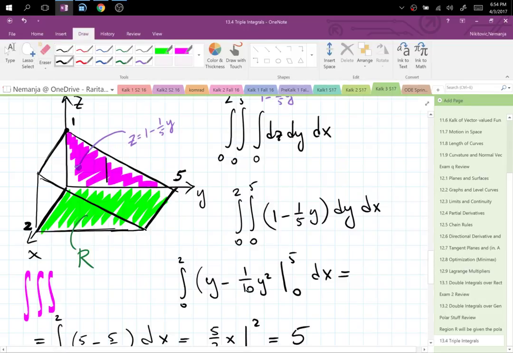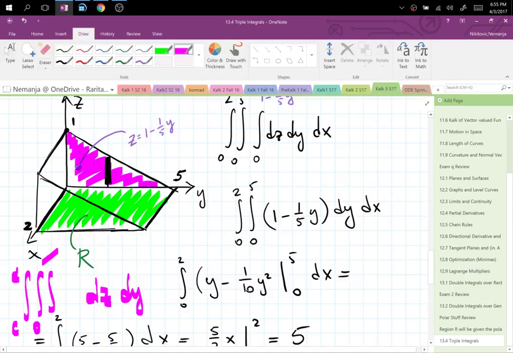So now you already see that if you draw a dy rectangle, which I'm going to draw in black, and you put dy to be the boss of the problem, going all the way on the outside, that would have c and d as limits. But you can see immediately that your dz, which must be the middle one, is going from 0 to whatever the line is, in our case 1 minus 1/5 y.